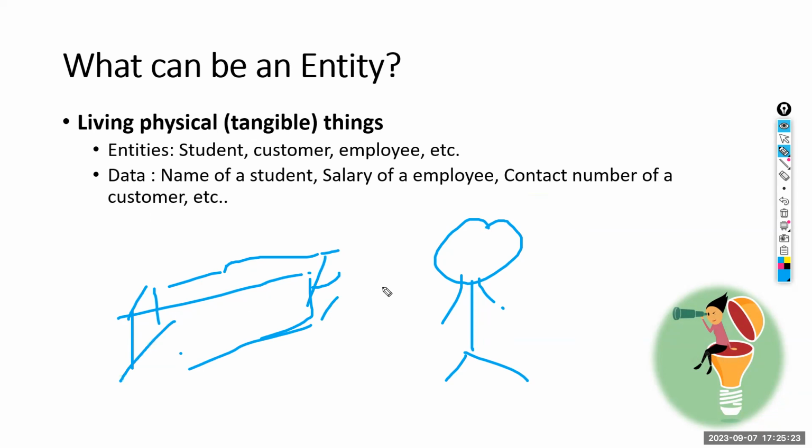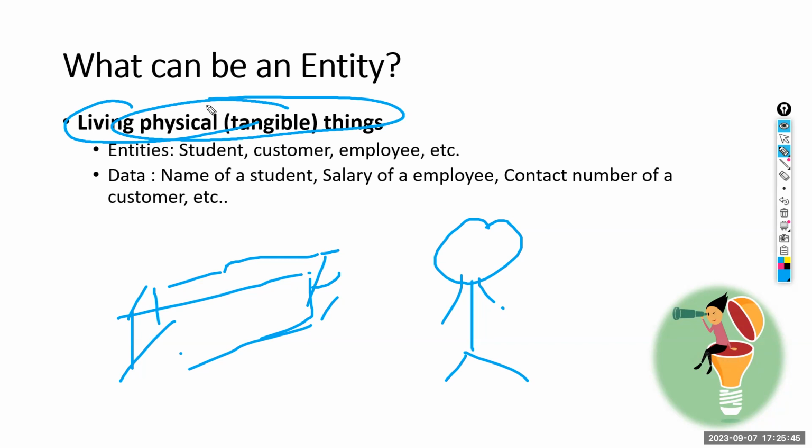So the entity can be a physical thing, and it can even be a living physical thing, like a student, a teacher, an employee, a customer.